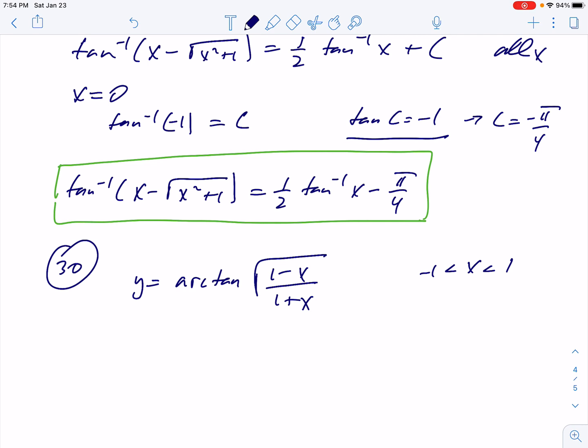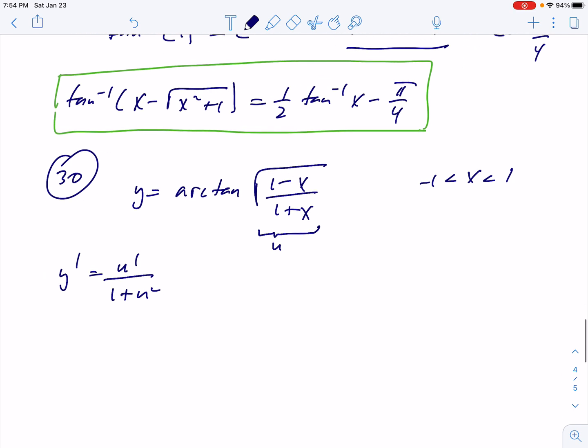So we differentiate again. This radical we call u, and the derivative will be u prime over 1 plus u squared. Again, we had to do u prime separately and 1 plus u squared separately.